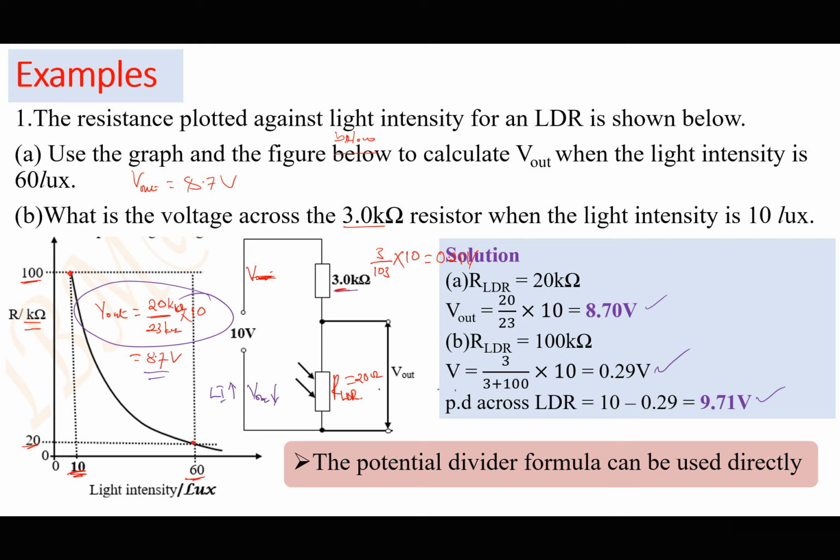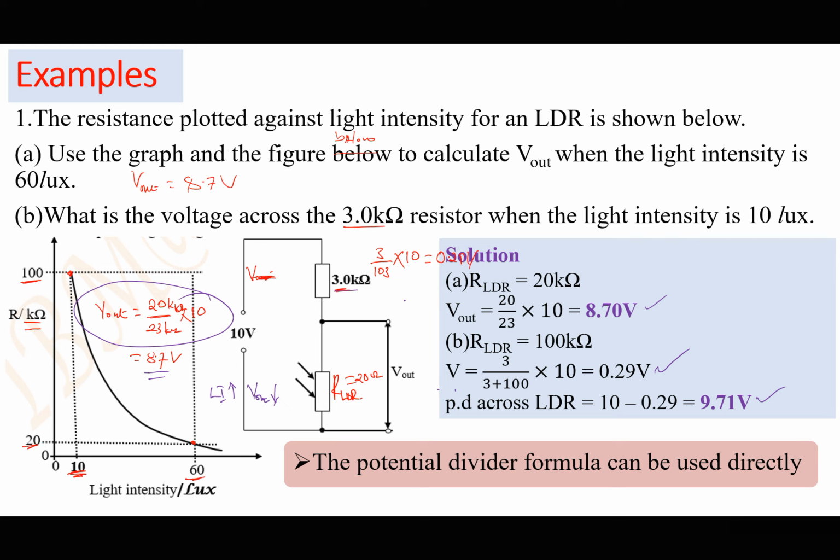This circuit is producing a decreasing output when light intensity increases. But we want the same circuit to produce an increasing output when light intensity increases. So the only way we can do this is to swap the LDR and the 3 kilo ohm resistor.